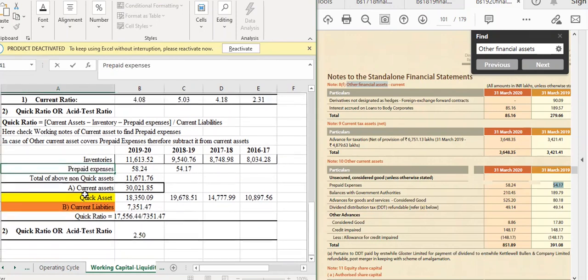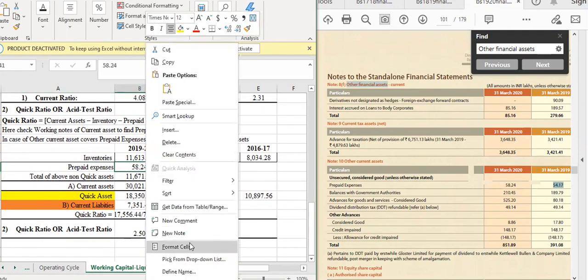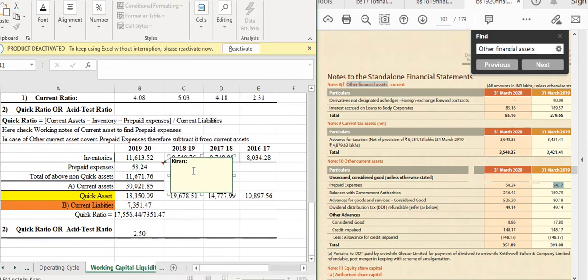Okay, here I will add one note for you that will help you. There may be a possibility that in your particular balance sheet, it may be given under other particular heads.